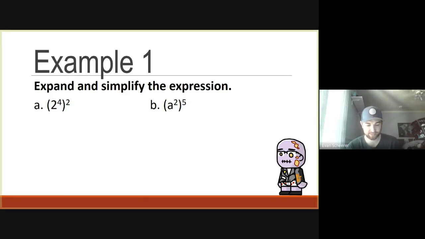It says it's in annotation mode, but it's not. Let's see. So 2 to the 4th squared, that's going to be 2 to the 4th times 2 to the 4th, right? Come on, there you go.